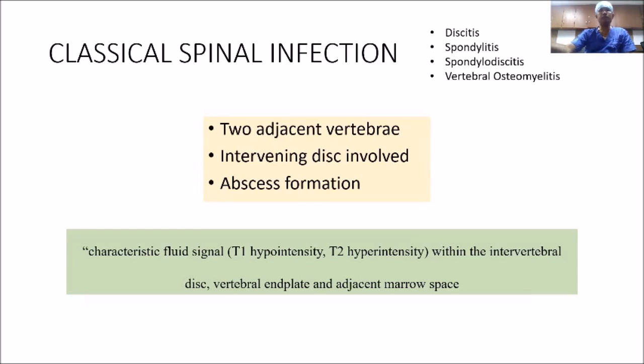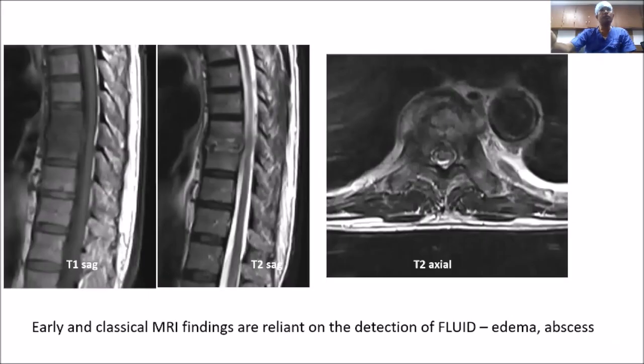The basic thing in an MRI is that the diagnosis of infection is based on the presence of fluid signals, either because of edema or abscess within the vertebra or the disc or the vertebral end plate, which is seen classically as T1 hypointensity and T2 hyperintensity. The presence of these two signal changes is the key factor which the radiologist uses to make a diagnosis of a spinal infection.